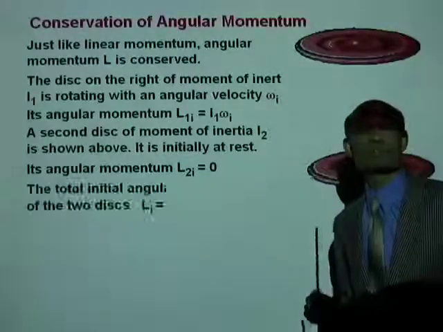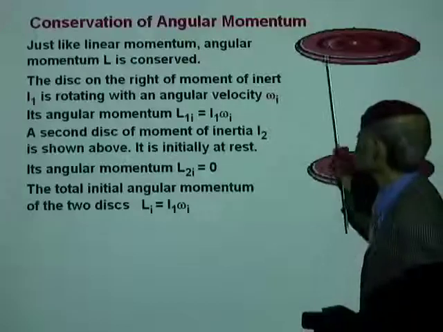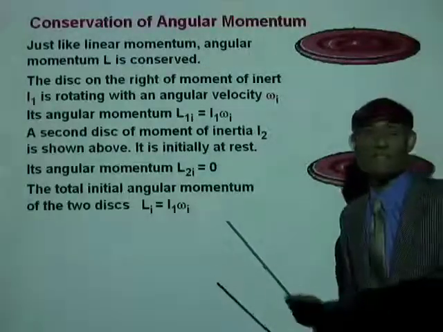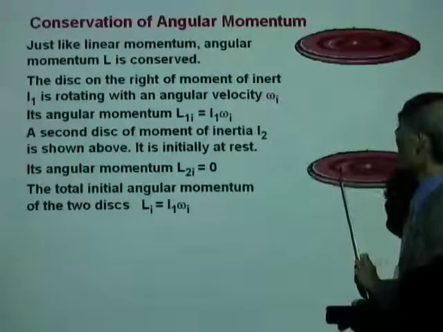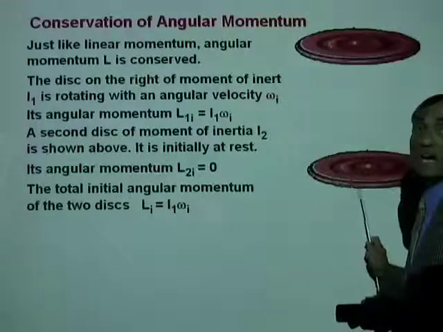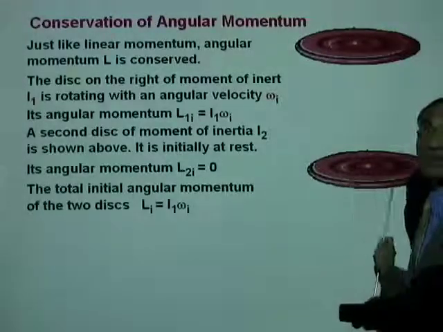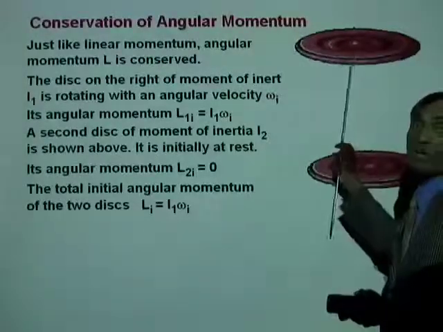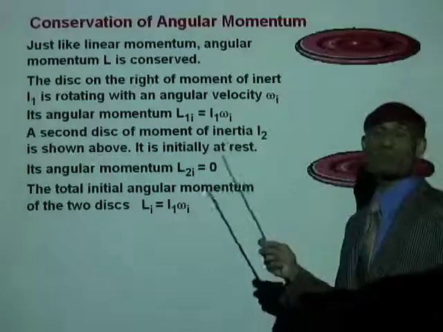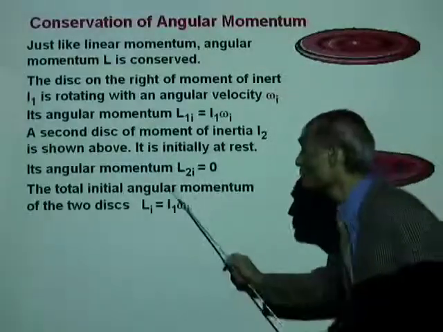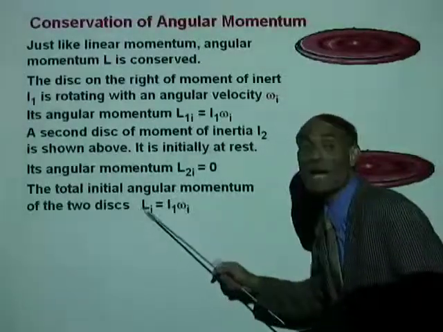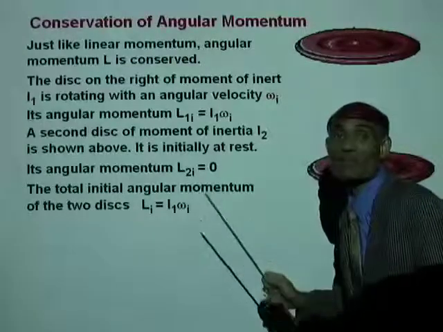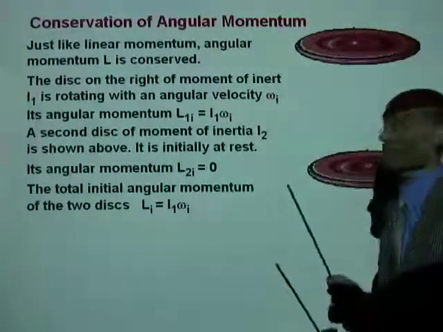L2I equal to 0. Therefore, the total angular momentum of these two disks now is I1 omega I, the angular momentum of this disk, plus 0 because that has no angular momentum, it is not rotating. The total initial angular momentum Li is I1 omega I.